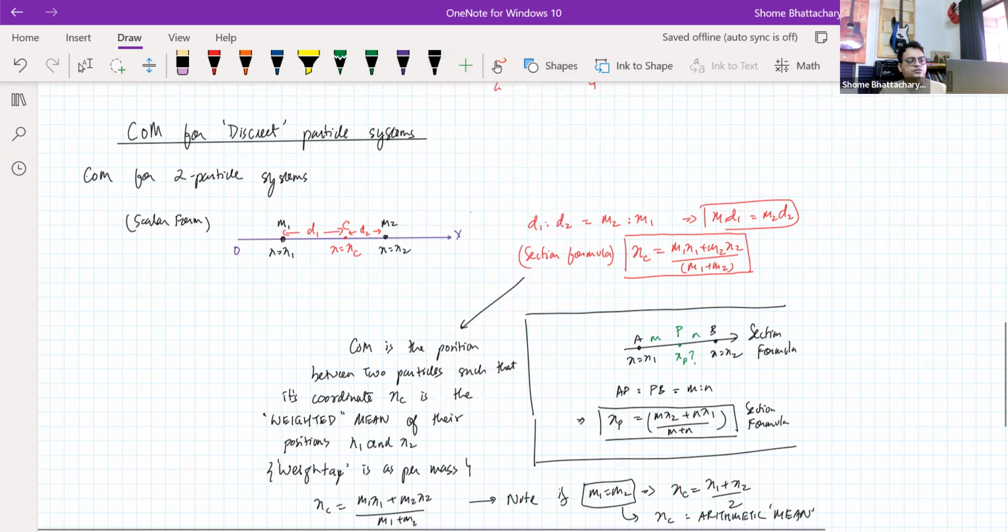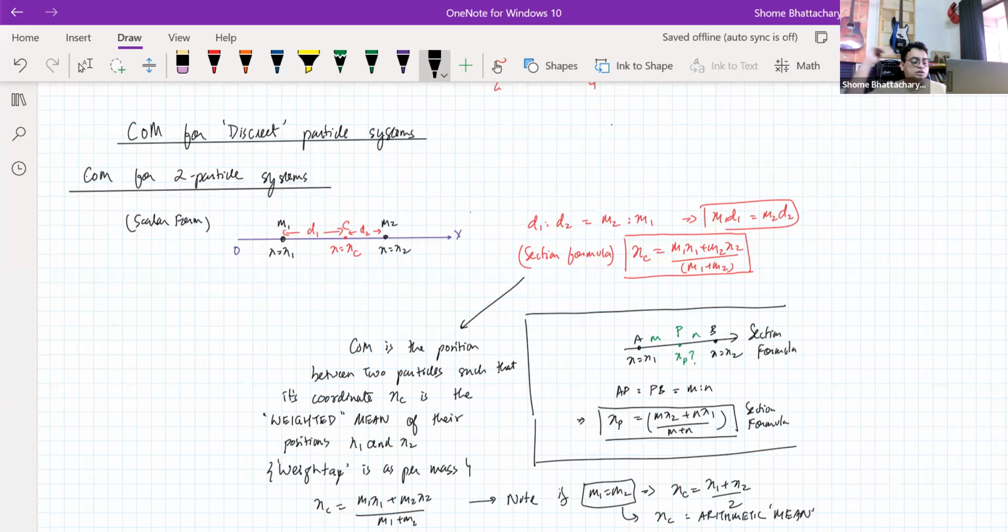Now we will convert this formula of scalar form, where we have written the position of the two particles in terms of an axis which coincides with their locations. Now we will convert this into a vector formula where the two particles could be lying anywhere in a general three-dimensional space. Our x-axis need not be such that the two particles are lying on them.